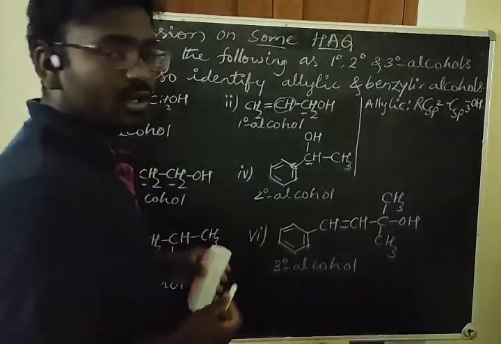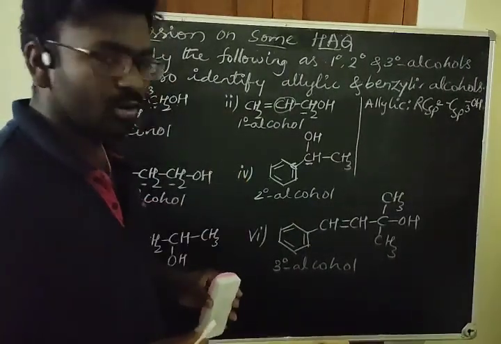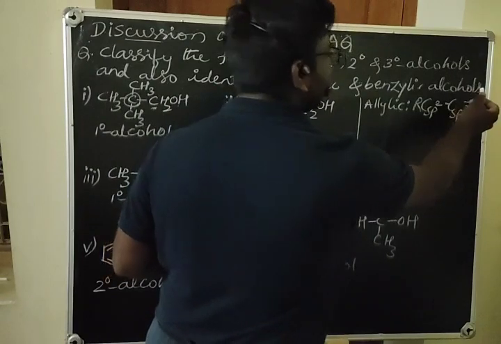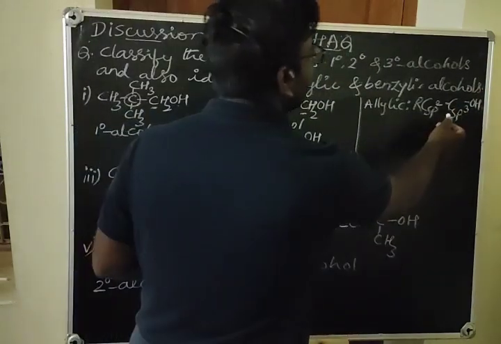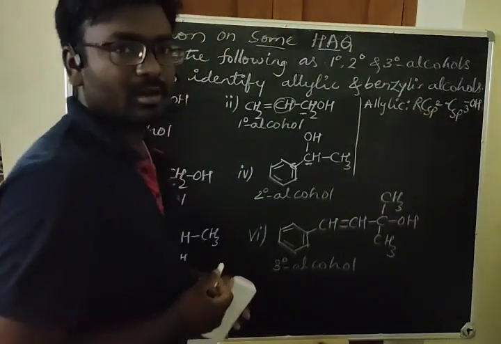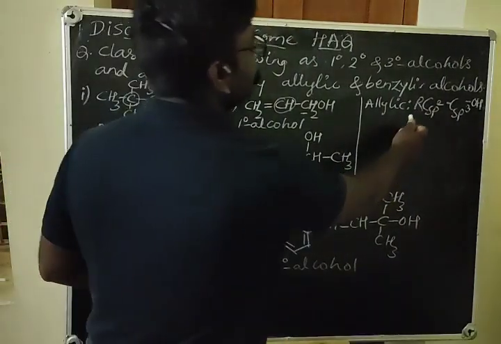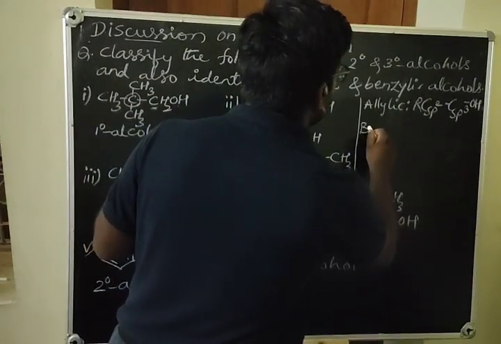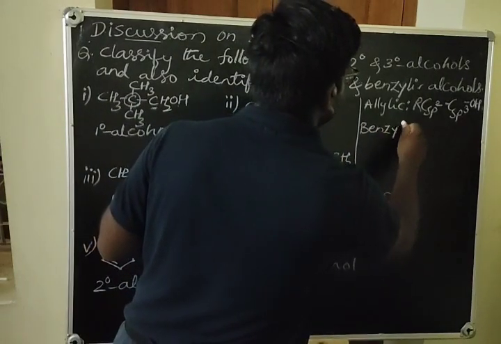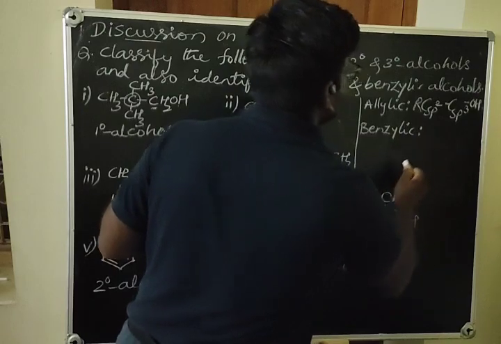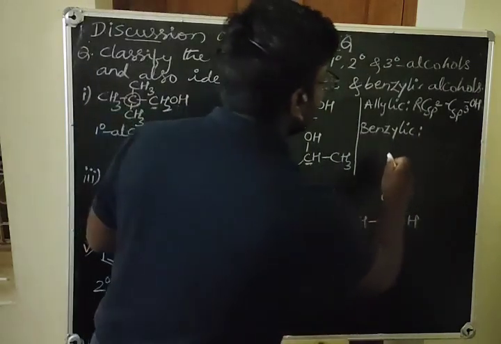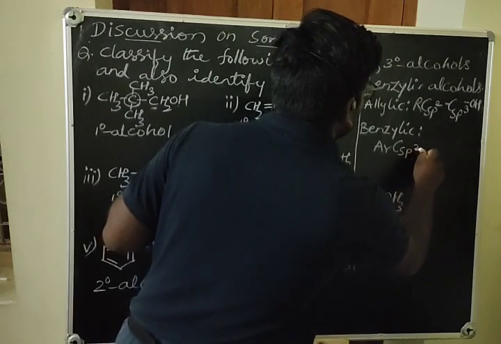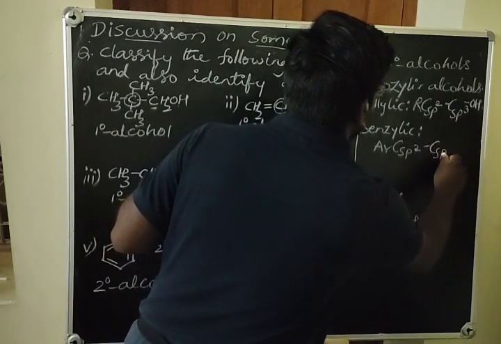That means an allylic alcohol is an alcohol in which the OH group is present on an sp3 hybridized carbon next to an sp2 carbon containing a C double bond C. Now, a benzylic alcohol must have the sequence Ar-CsP3-OH.